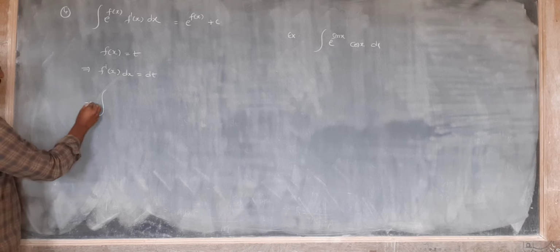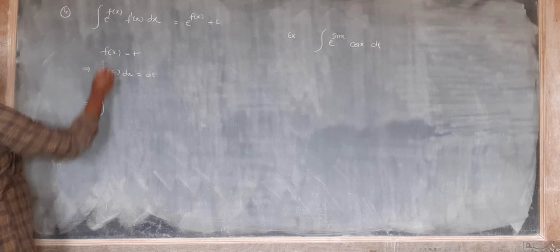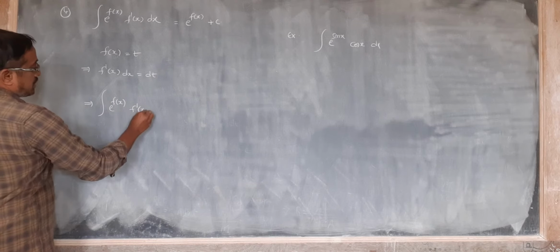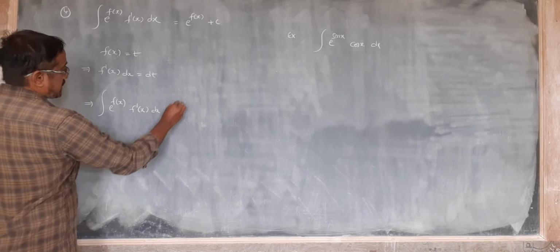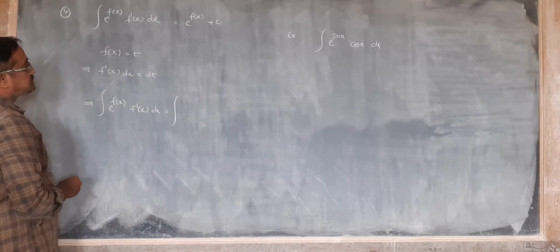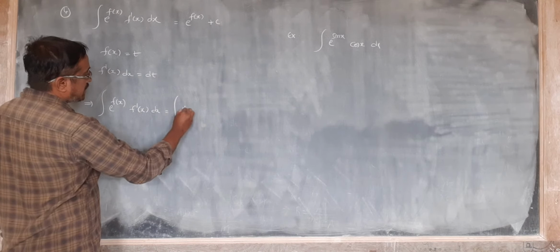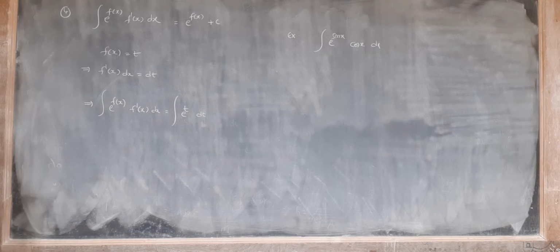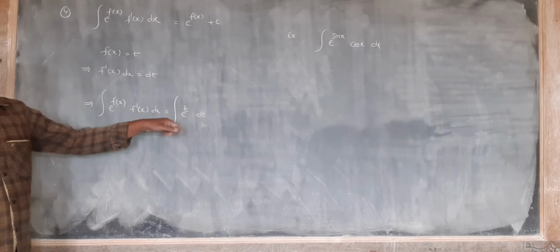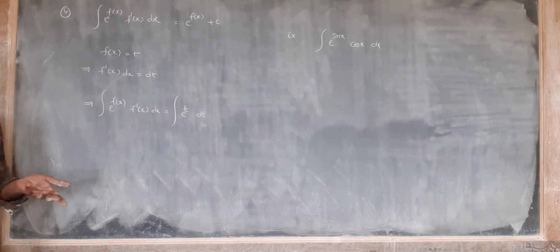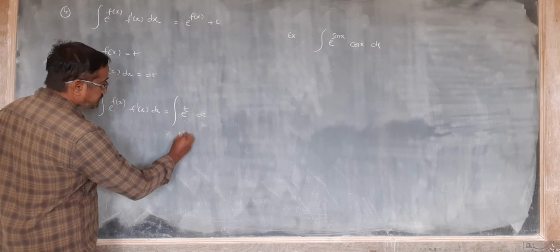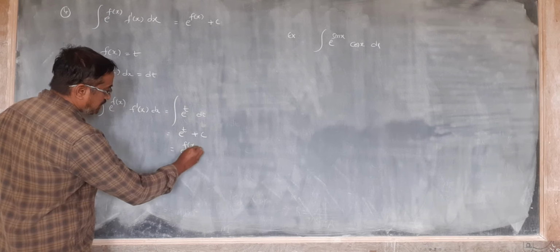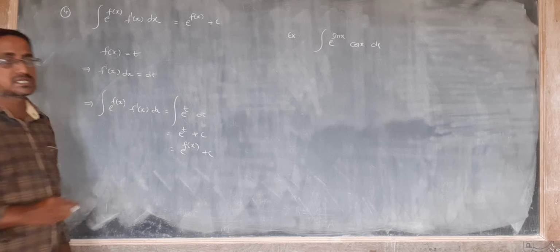So the given integral e power f of x into f dash of x dx can be written as integral e power t into dt. What is integral e power x dx? Result will be e power x. So you will get e power t plus c. So e power f of x plus c. That is the result.